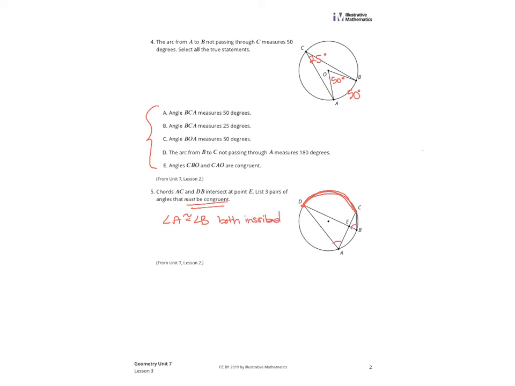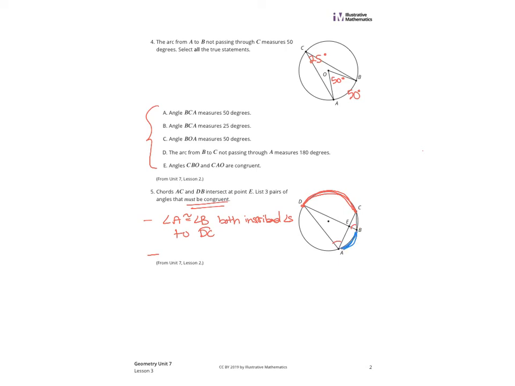Inscribed angles to arc DC or CD. I think I forgot a C somewhere. Sorry about that. If I can fit it in without being too messy. I also know, let me get a different color here, I also have this arc AB.